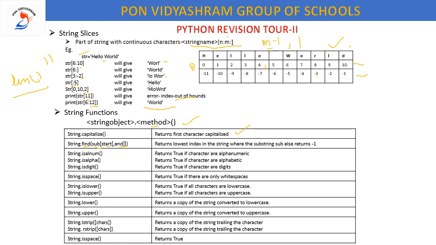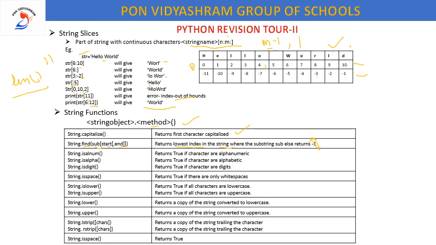It returns the lowest index in the main string, that is, where that particular substring starts. What happens if I don't have that substring in my main string? It returns the value -1. It doesn't return false or true here, it returns the value -1.